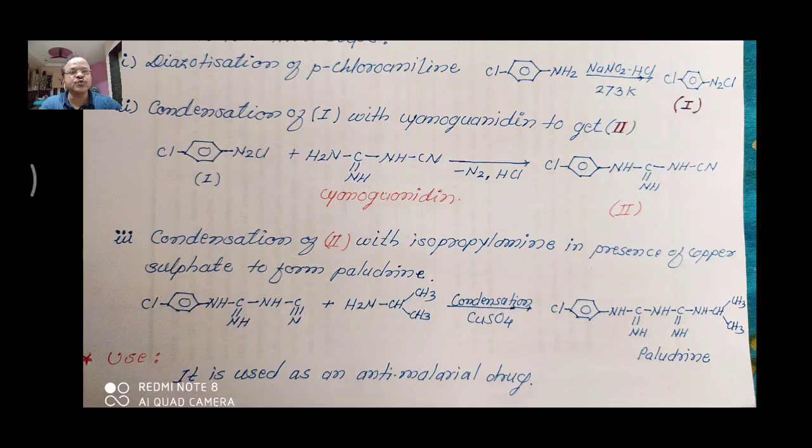In step number 2, compound number 1 undergoes condensation with cyanoguanidine to get compound number 2, and in step number 3 this compound number 2 condenses with isopropylamine in the presence of copper sulfate to obtain paludrine as a product. Now what is the use of this paludrine drug? It is used as an anti-malarial drug.